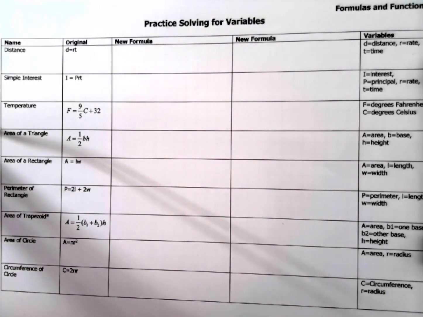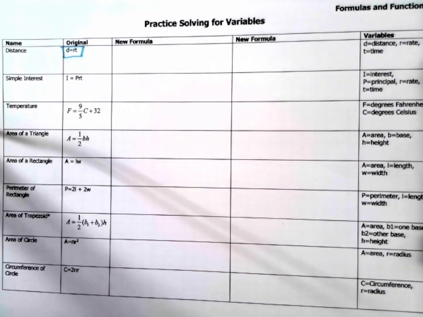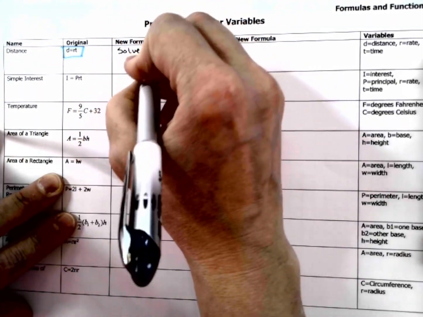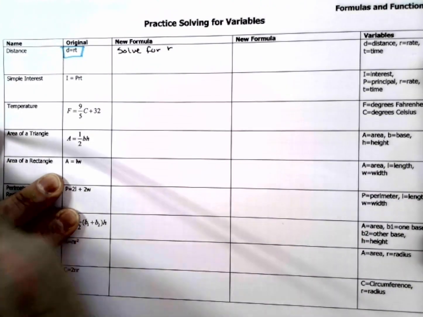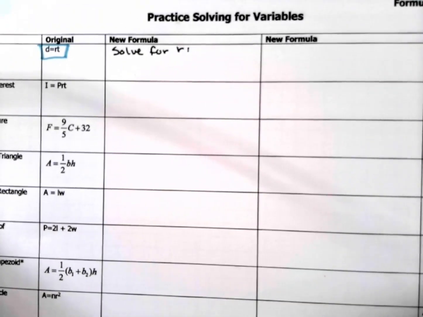So first one we're going to do is going to be distance formula, D equals RT, and we are going to solve for R. All right, that's our mission. Let me zoom in here just a little bit. There we go.